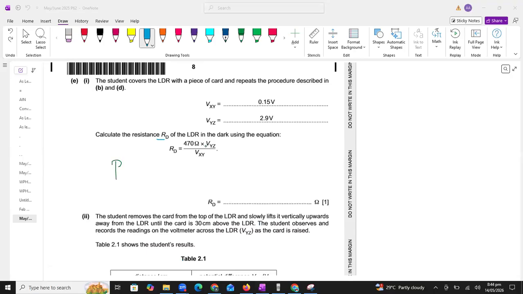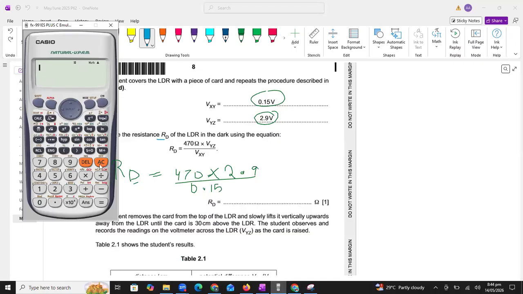So now, students, D is representing when the LDR is kept in the dark position. Dark position means we are covering the LDR with a piece of card. So 470 ohm multiplied by the voltage across YZ, which is 2.9, divided by VXY, which is 0.15. We just put all the values in the calculator.